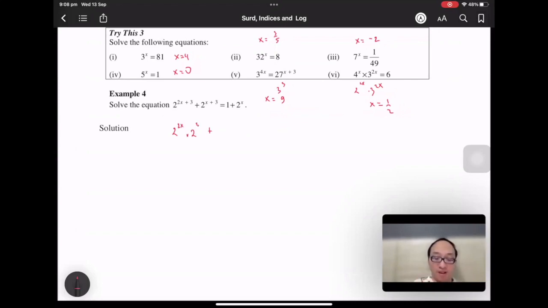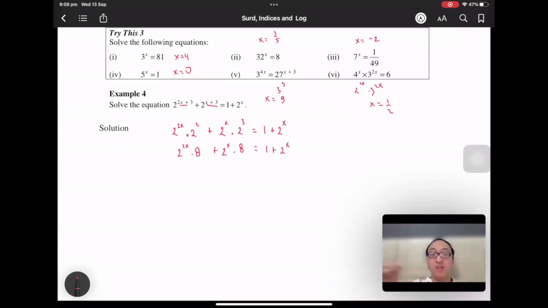And this one is the same, 2 to the power of x, so we can change it, times 2 to the power of 3 equals 1 plus 2 to the power of x. So I have 2 to the power of 2x times 8, since 2 to the power of 3 is 8, plus 2 to the power of x times 8 equals 1 plus 2 to the power of x.